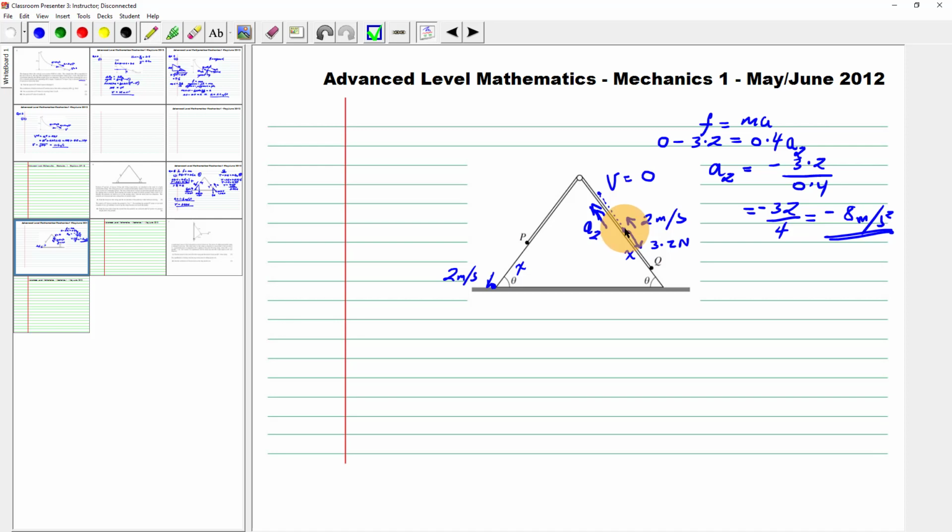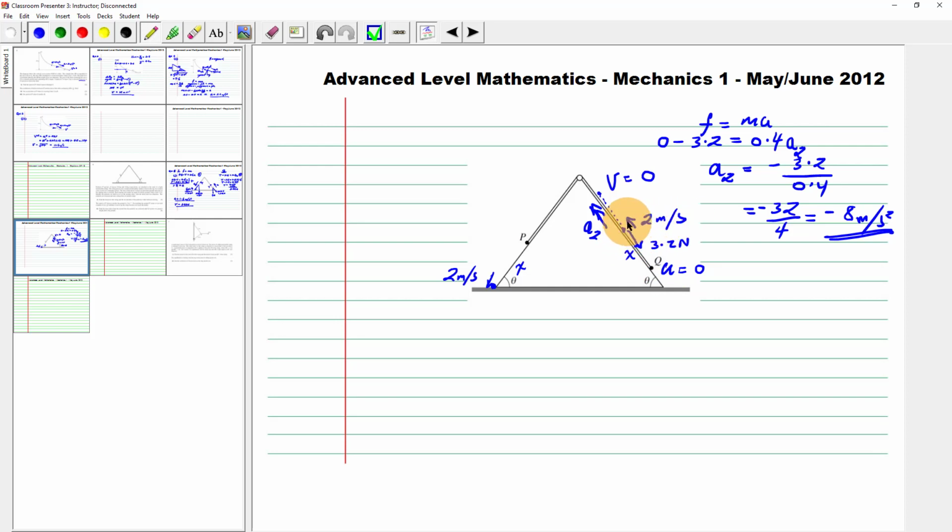The second value of T will be from this point to when it reaches maximum height. We can start with either one of them. So let's see if we can work out the T here. Now the U that Q had initially before being released was 0. The V it has at this point is 2 meters per second.